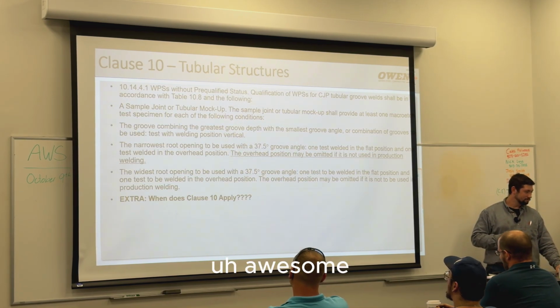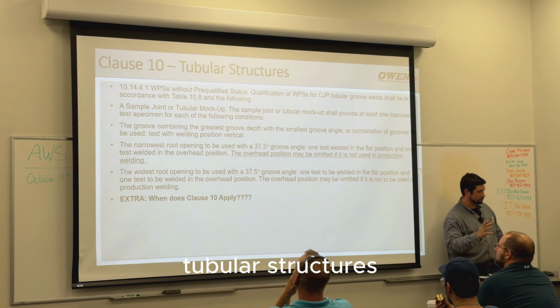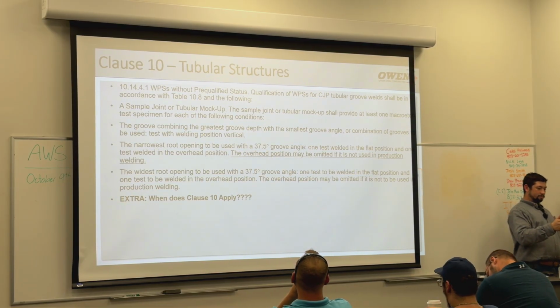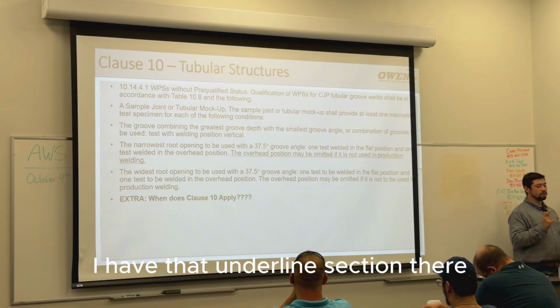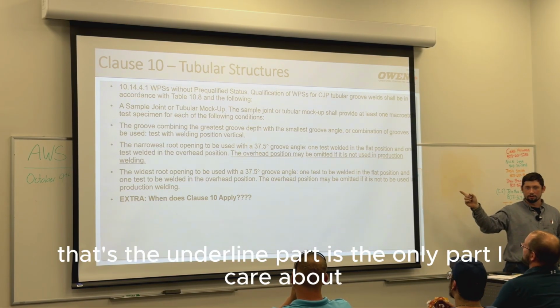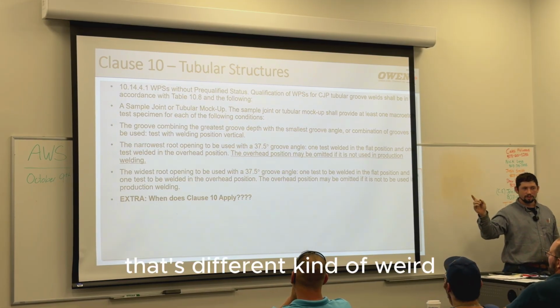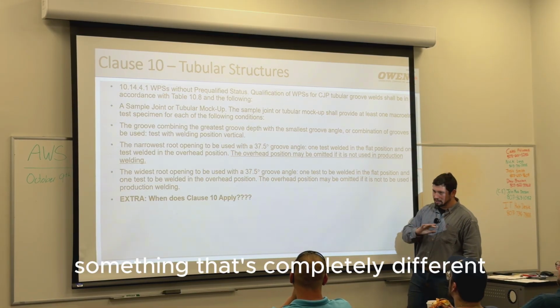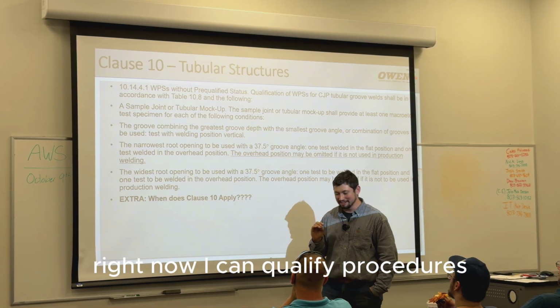Yeah. Awesome. Tubular structures. I have that underlined section there because out of all the changes to tubular structures, the underlined part is the only part I care about that's different, kind of weird. Something that's completely different than any of the other codes, right?